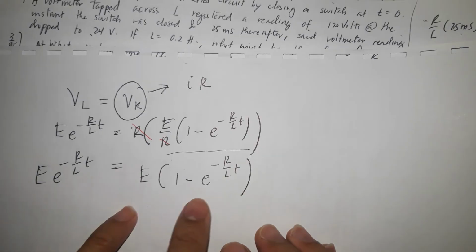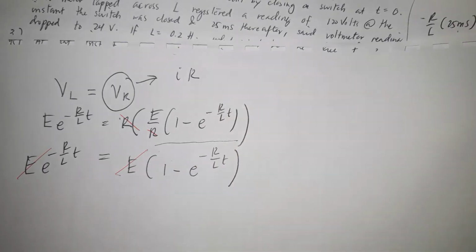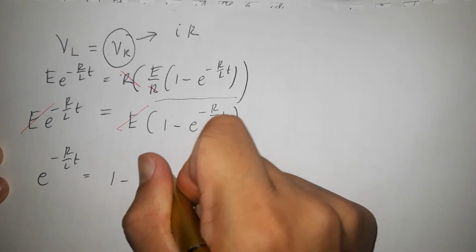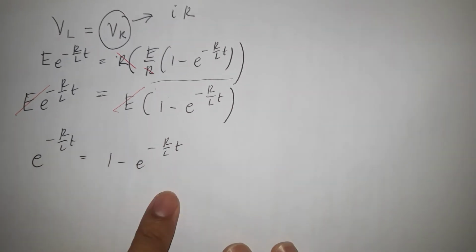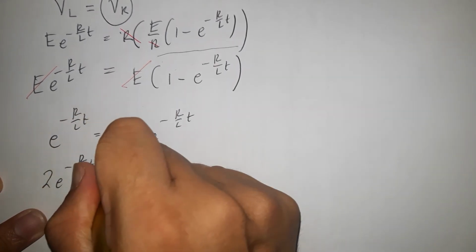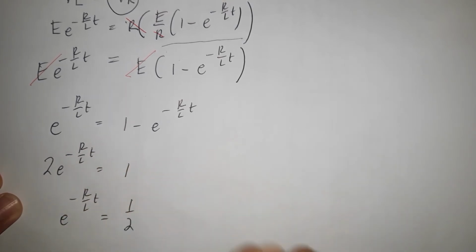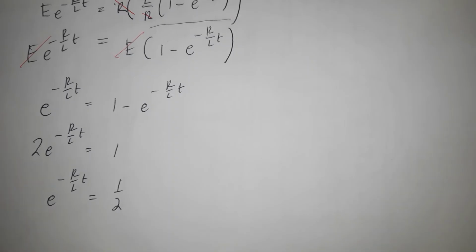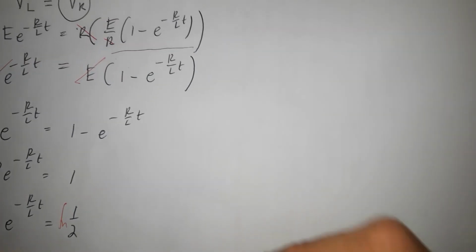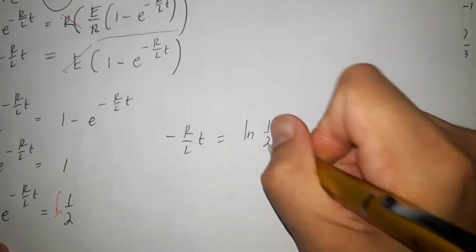Since VL is equal to VR, the E and E cancel out, dividing both sides, that gives you e to the negative R over LT equals 1 minus e to the negative R over LT. Transposing, that gives you 2 e to the negative R over LT is equal to 1, then e to the negative R over LT is equal to 1/2. Taking the natural logarithm on both sides, negative R over LT is equal to ln of 1/2.